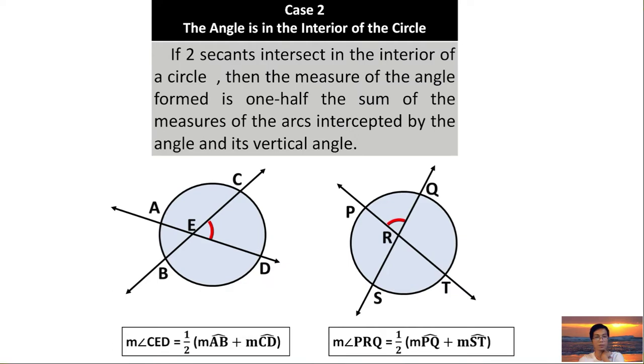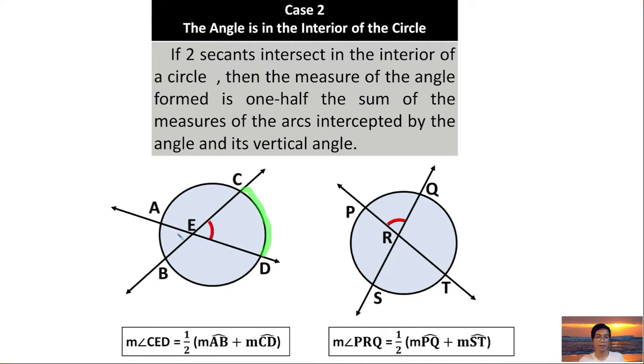Dito, ito si angle CED. Angle CED is an angle na nasa loob ng circle. So, measure of angle CED equals 1/2. Yung kanyang intercepted arc is CD. Tama? Yung kanyang vertical angle, ibig sabihin ng vertical angle, yung angle na nasa kabila.